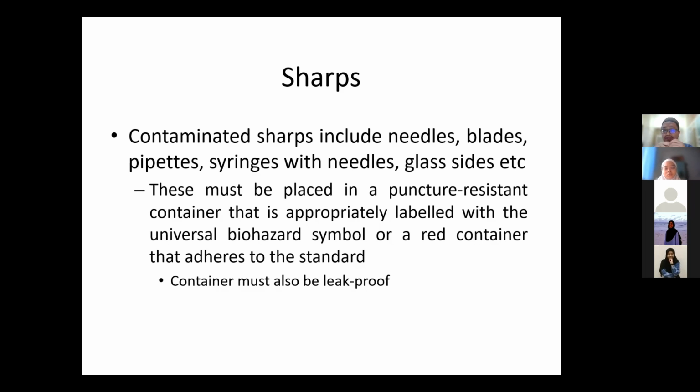This must be placed in a puncture-resistant container. The container, the red and the yellow container, the sharp bin container, they are made from puncture-resistant material, and they have been properly labeled with universal biohazard symbol. Okay.